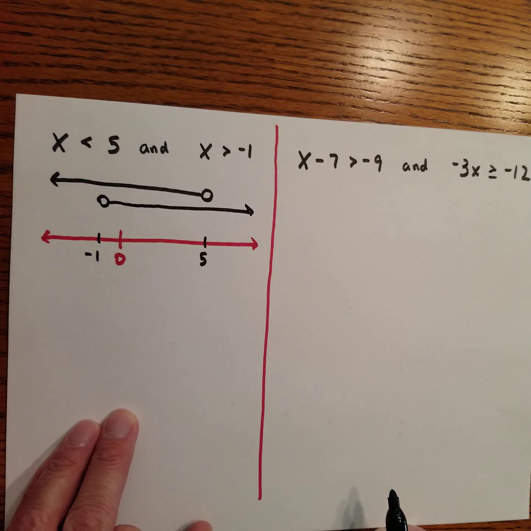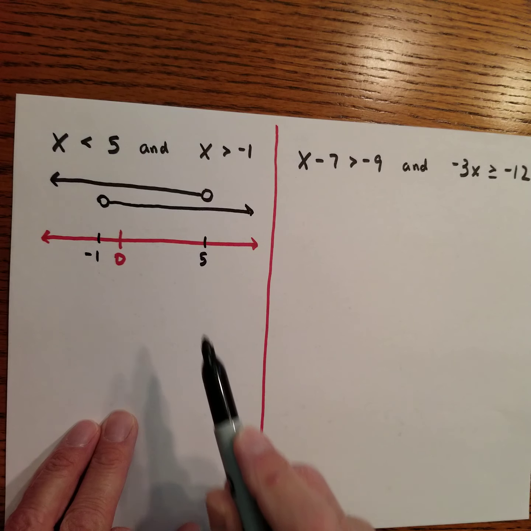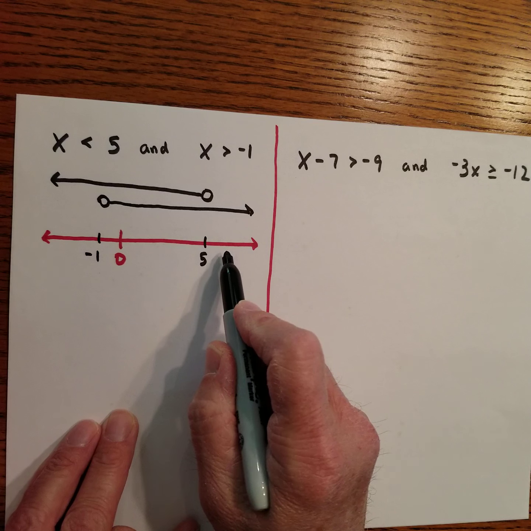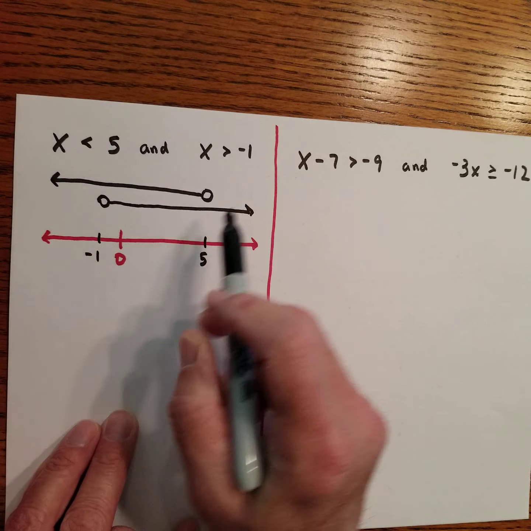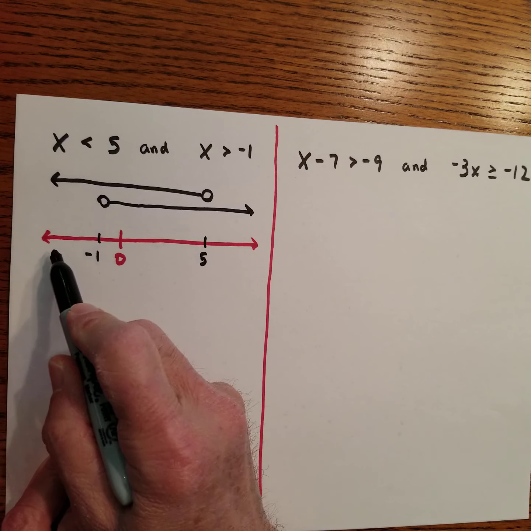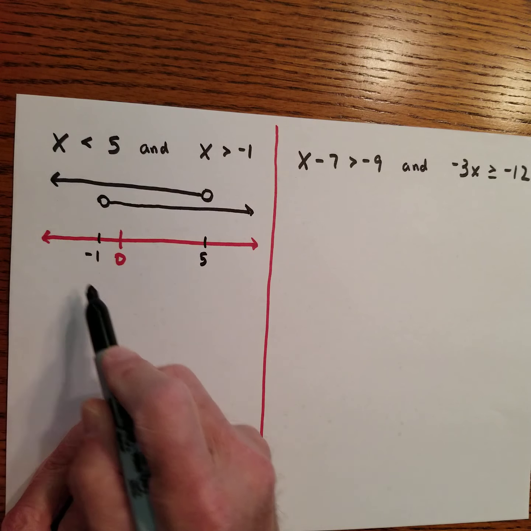For my graph, I want to cover up numbers that are both less than 5 and greater than -1. I don't want these numbers because these numbers are only greater than -1, not less than 5. I don't want these numbers because these numbers are only less than 5.